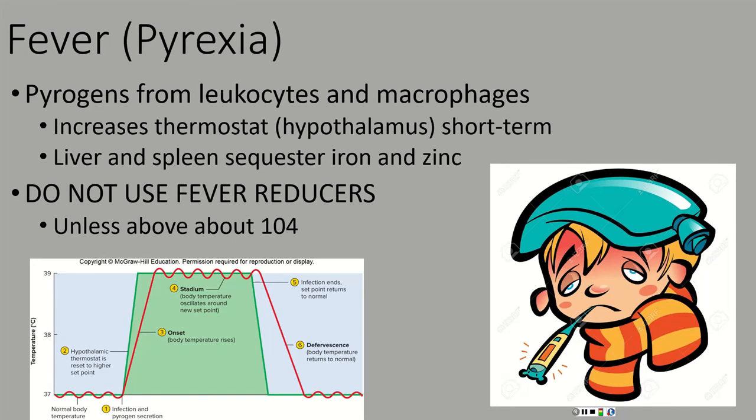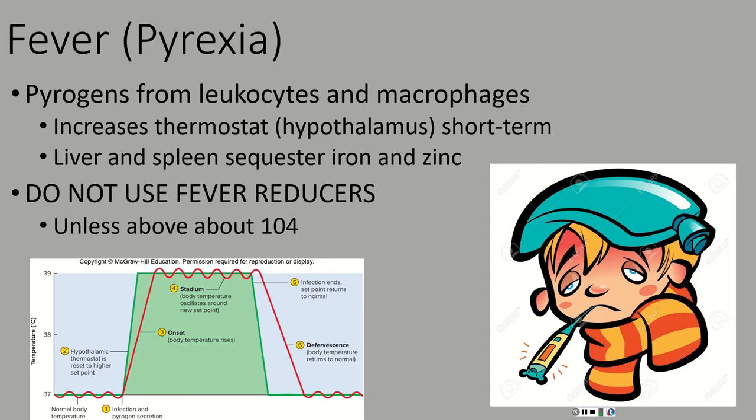So leukocytes and certain other cells, either damaged cells or macrophages, will release some proteins called pyrogens. And pyrogens circulate in our blood until they get to our hypothalamus. The hypothalamus is what sets our body temperature. It's kind of like our thermostat. And pyrogens tell our hypothalamus to increase that thermostat, to turn the temperature up for just a short term.